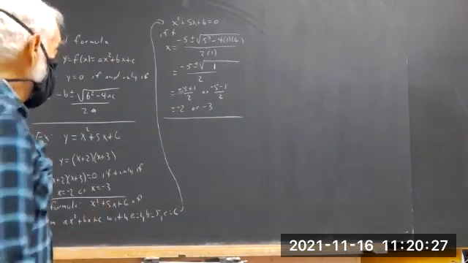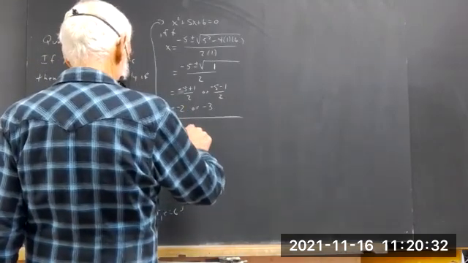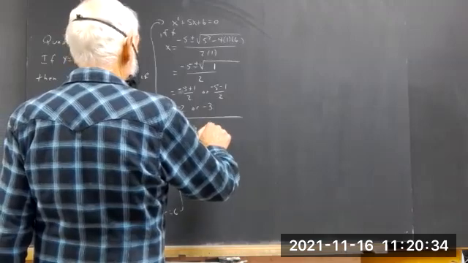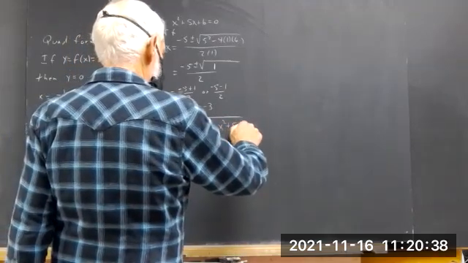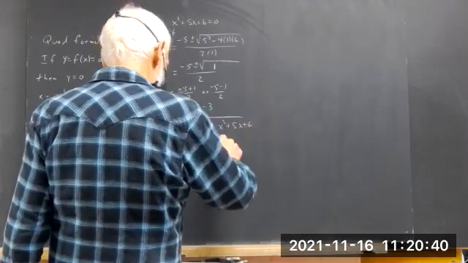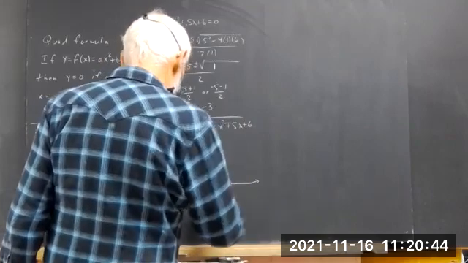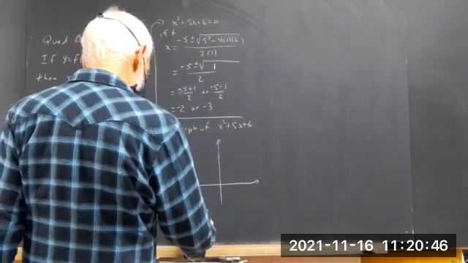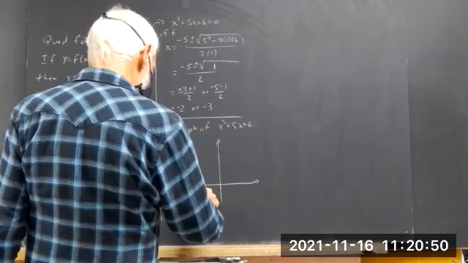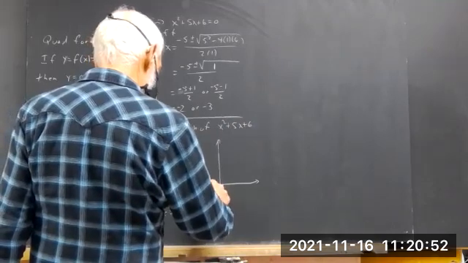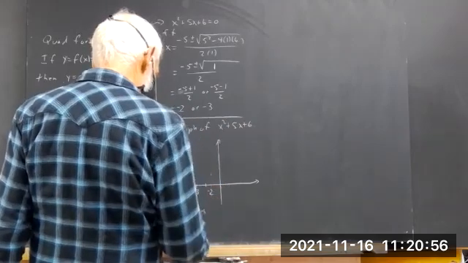So what's this tell you about the graph? Means that x equals -3 and x equals -2.